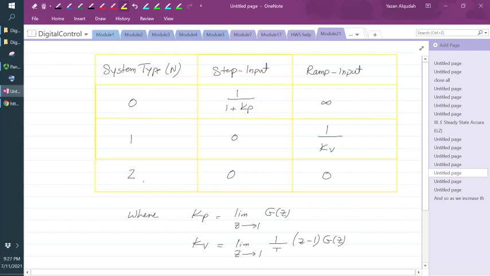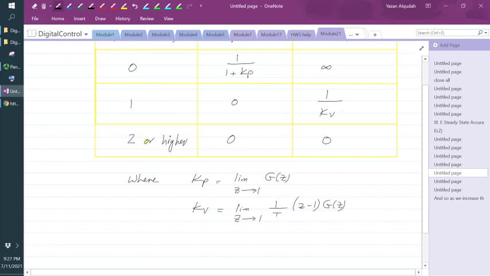If the system type is second order or higher, then for a step input, the steady state error is 0, and for a ramp input, the steady state error is 0. And we define Kp as the limit as z goes to 1 of g of z, and Kv as the limit as z goes to 1 of 1 over T multiplied by z minus 1 multiplied by g of z.